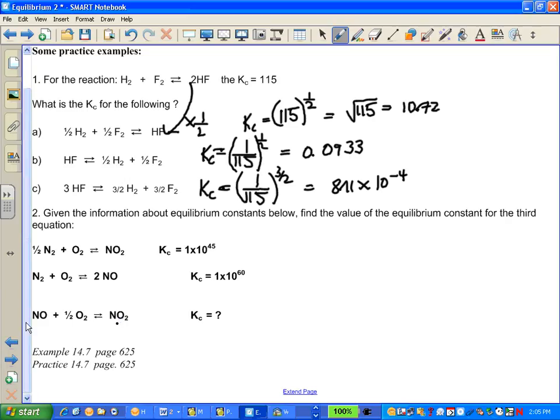So the first one, we've got NO. We look to the two reactions. It's the second reaction that has NO in it. What we need to do is ask ourselves two things. One, is the NO in the correct position? And does it have the right coefficient? When we look at this, we can see that the NO is not in the right position.